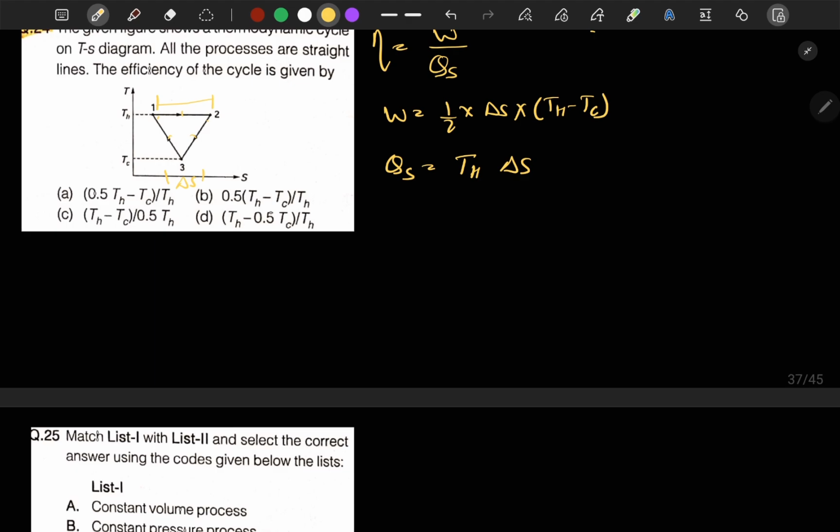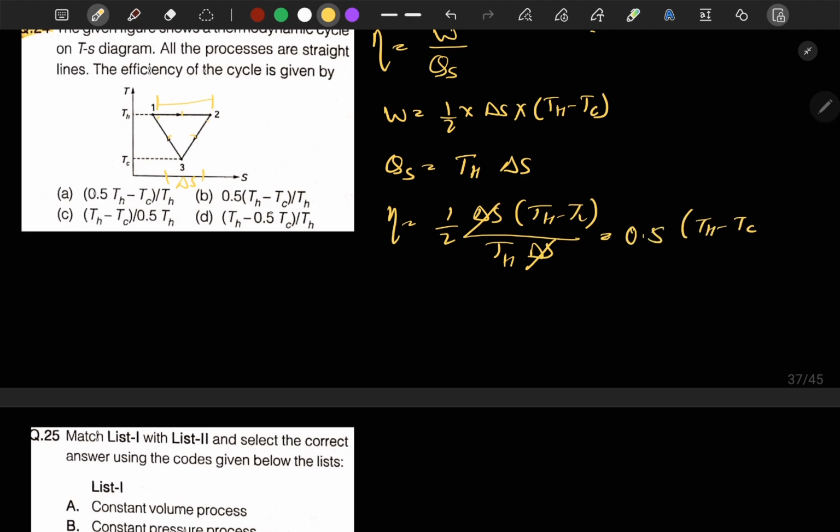So efficiency is equal to work done, that is half into delta S into Th minus Tc, upon Th into delta S. Delta S will cancel, and we get 0.5 times Th minus Tc, divided by Th. So option B is correct.